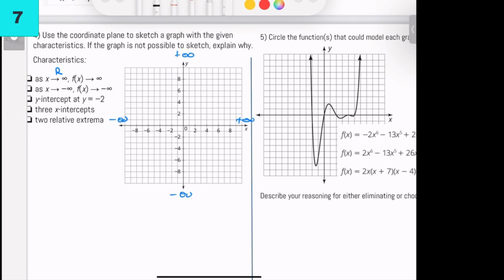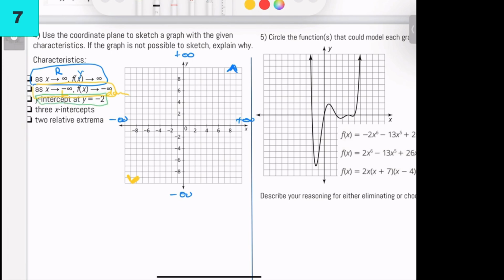It's saying the f of x, or the y values, are going up. So as I go towards the right, it's going up. So that's my blue. The yellow here, as I go towards the left, it's going down.